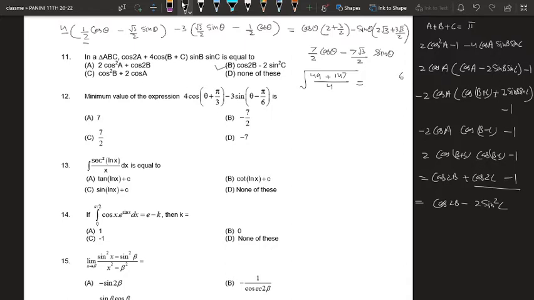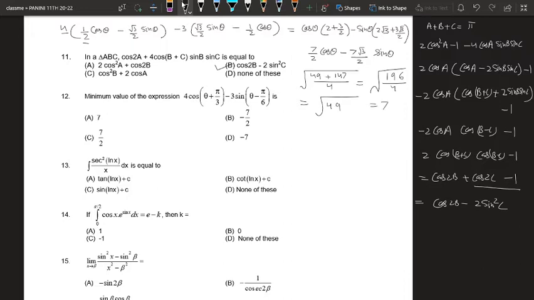This is equal to the square root of this, and the value is 7.